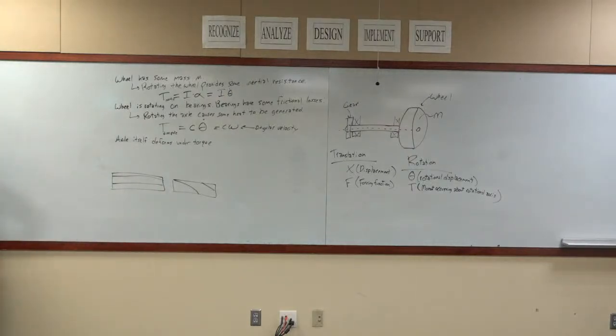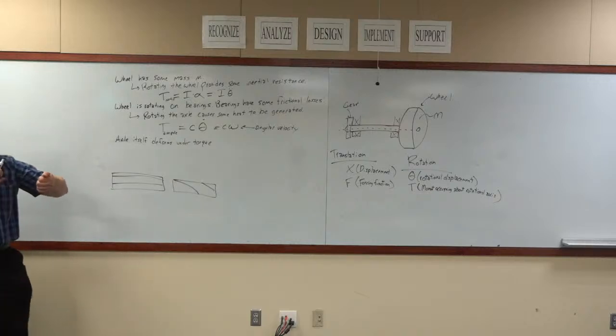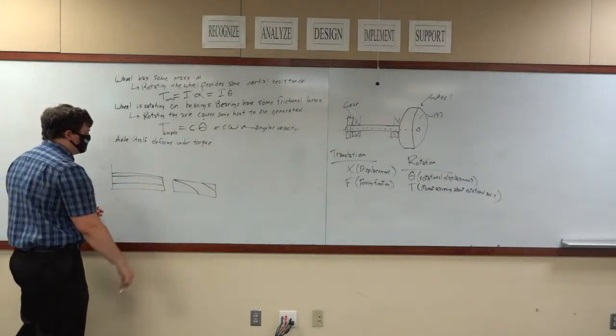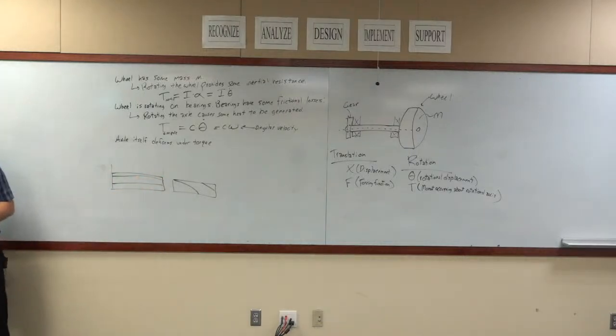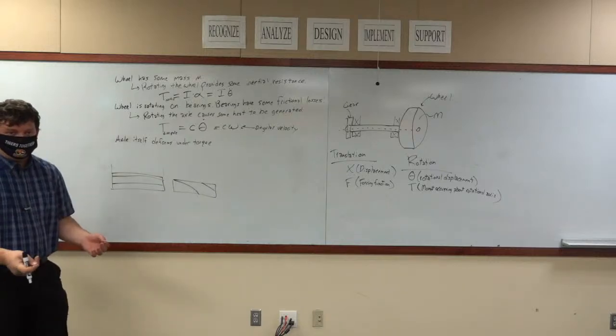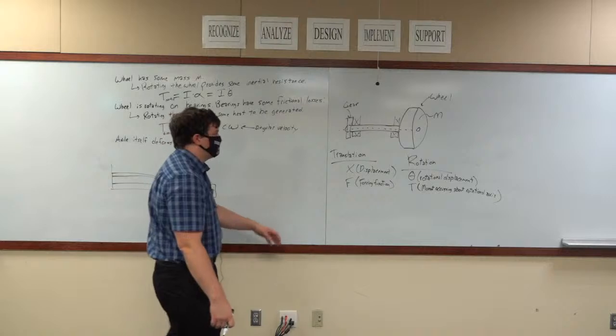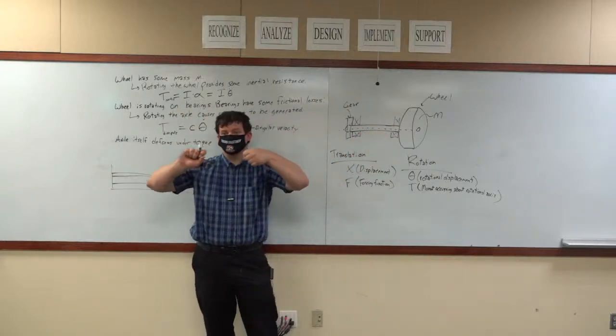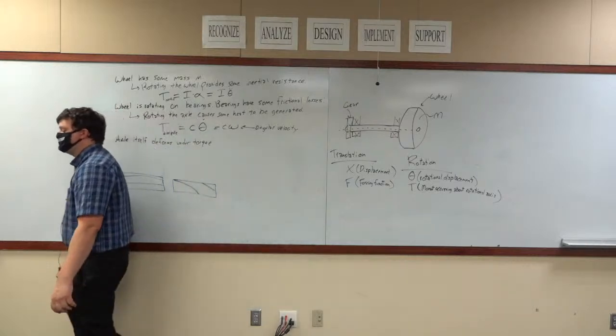Okay? By twisting the two ends relative to each other, you get a different angle on both sides of your tube. Now, if your tube is very strong, that angle is going to be very small. But there is energy that is stored because this tube deforms, this tube rotates, because there's torque on that tube.